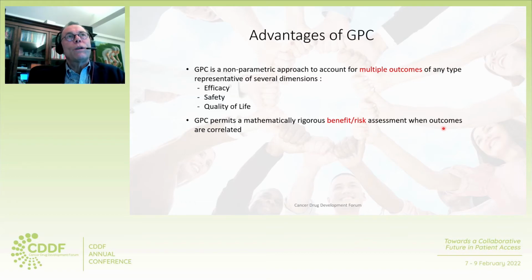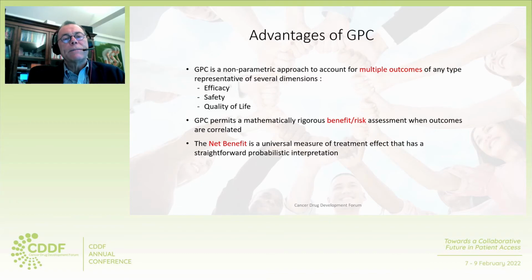You would want to use a treatment that's toxic, providing it would help the subset of patients who also have toxicity. But you wouldn't want to use this treatment if it induced toxicity without helping the patients who have the toxicity. So that correlation between the outcomes is extremely important to do a correct benefit risk analysis.